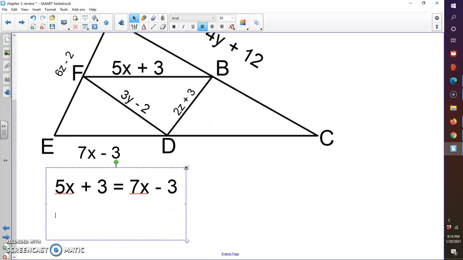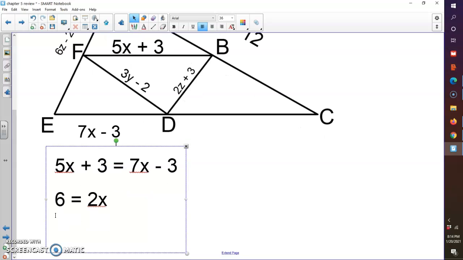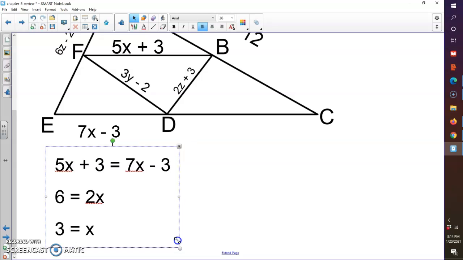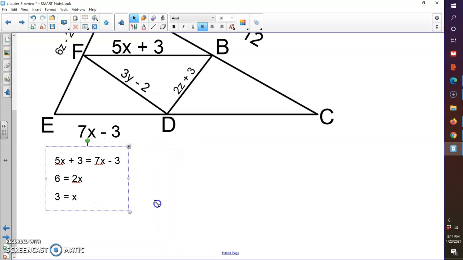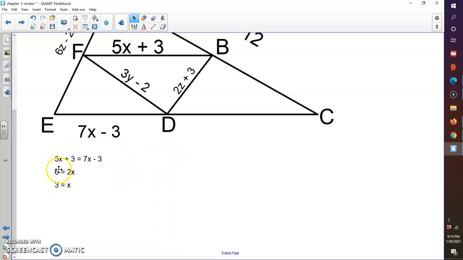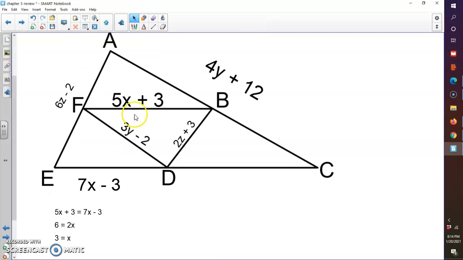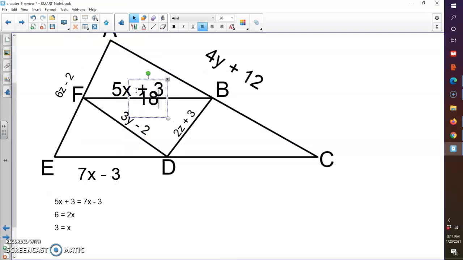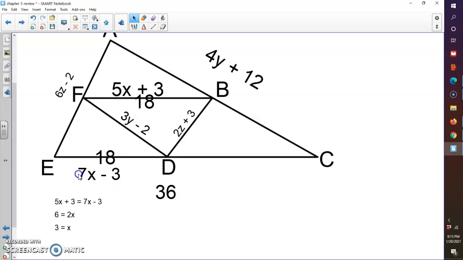I get 6 on this side, 2x, and my x equals 3. If you were to plug that 3 in, this becomes 18, and this right here becomes 18, which means the entire line would be 36. EC would be 36.